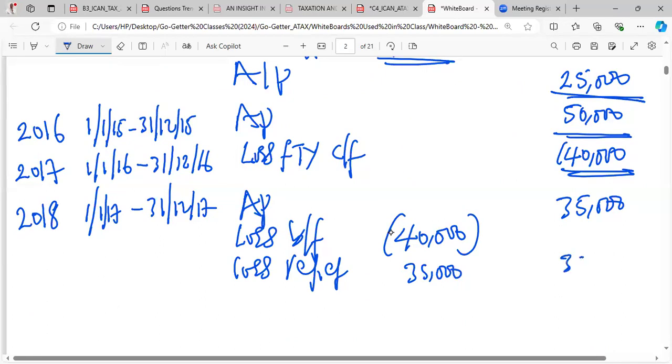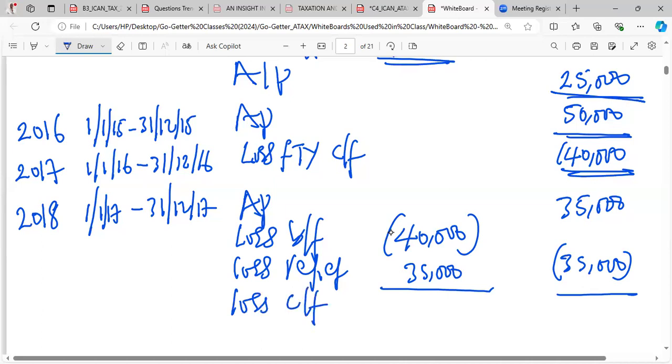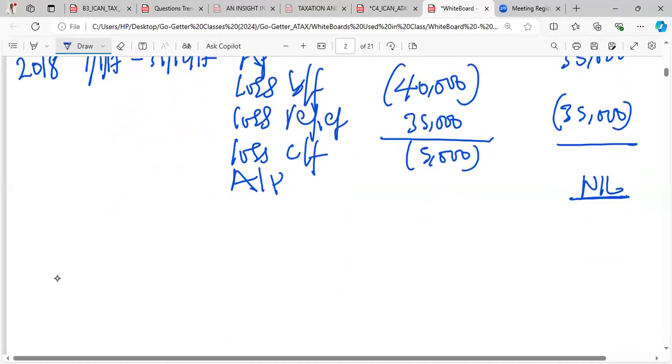And I'll come here. This is 35. Then this is loss carry forward. That should be 5,000. Accessible profit. This should give me nil. All right, so we go to the last year, 2019.